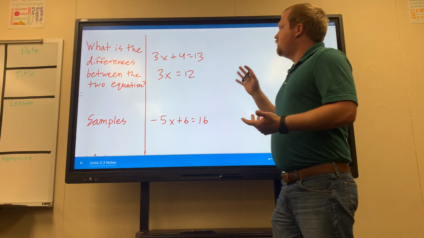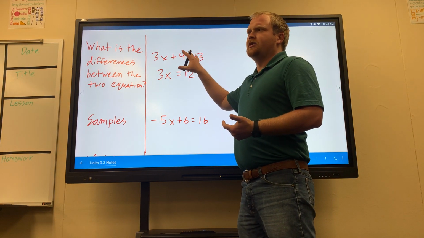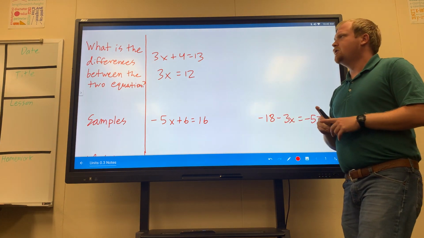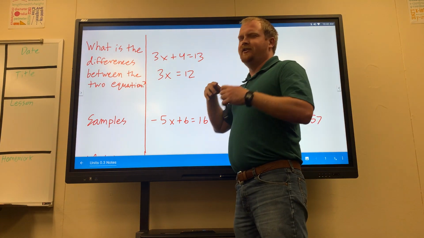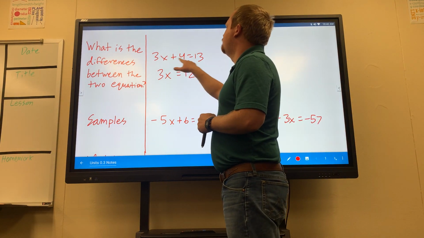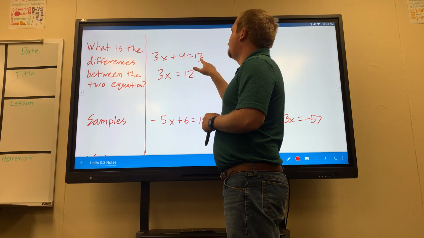Now, if you notice these two equations, there's one big difference I want y'all to keep in mind. And the big difference is the number of terms that they have. If you notice here, I got a 3x, a 4, and a 13.